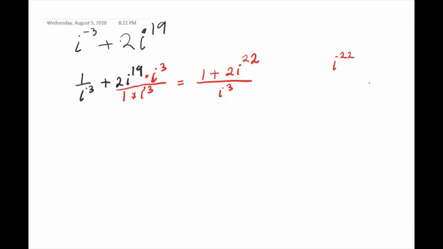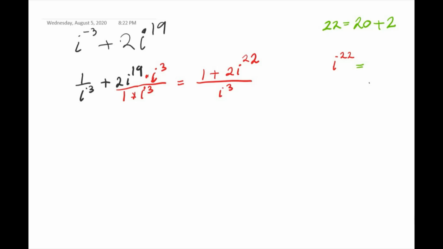I know that in order to simplify this, I would need to break it down into a multiple of 4 and a number that is not a multiple of 4. I can write 22 as a multiple of 4, which is 20, plus 2.